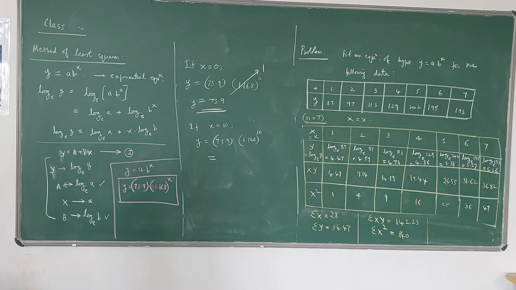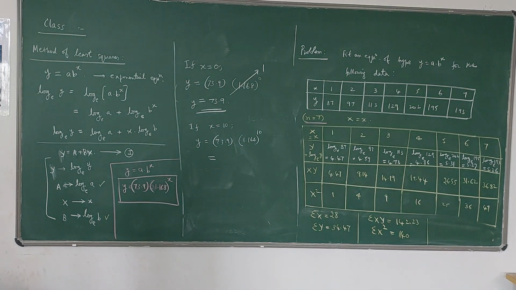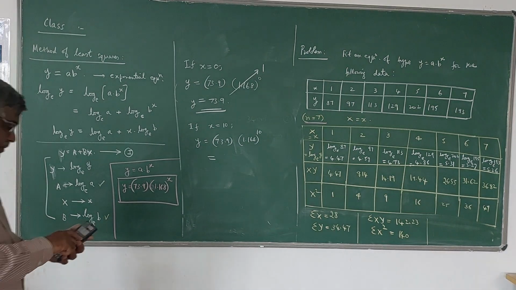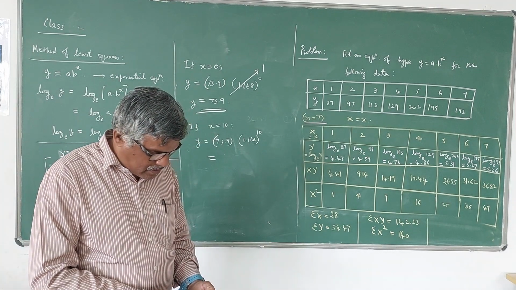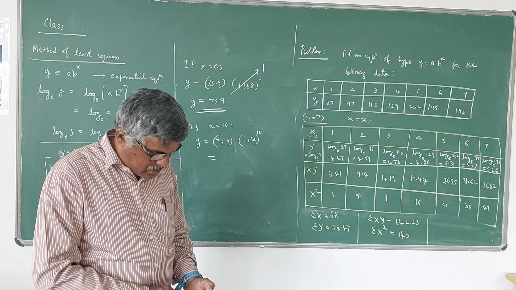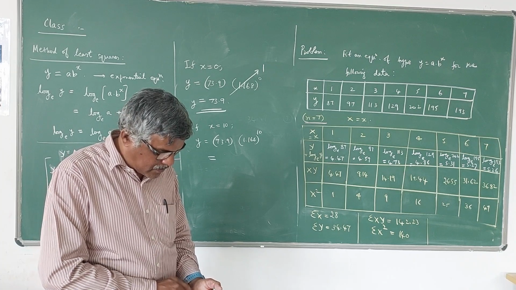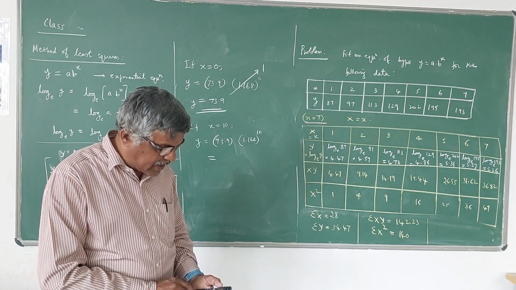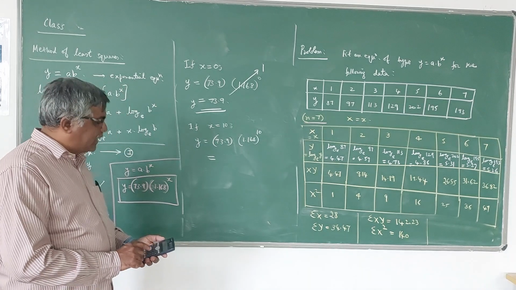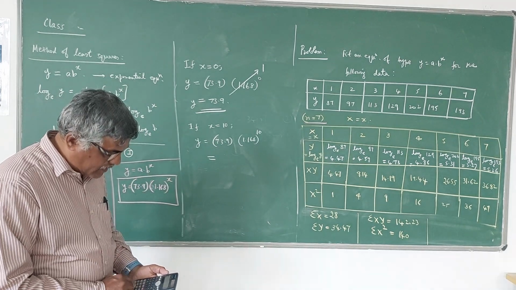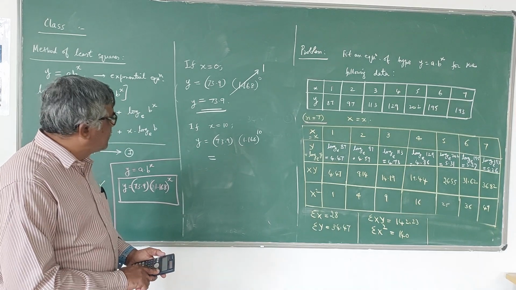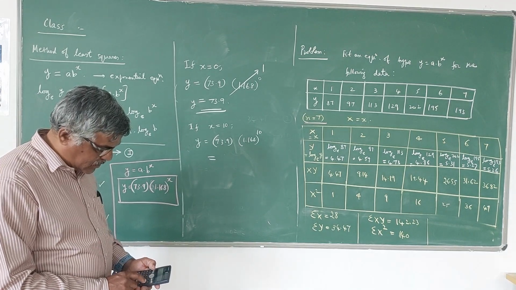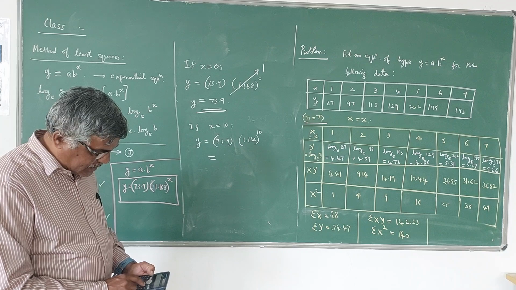So if you simplify this, 1.168 to the power 10 into 73.9, we have to get that.